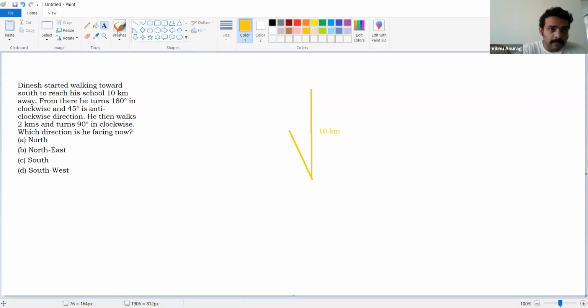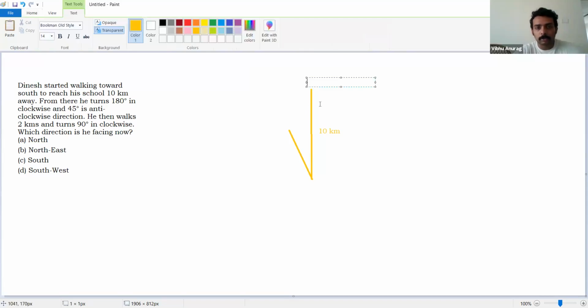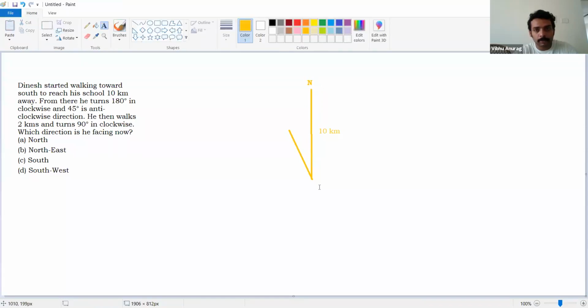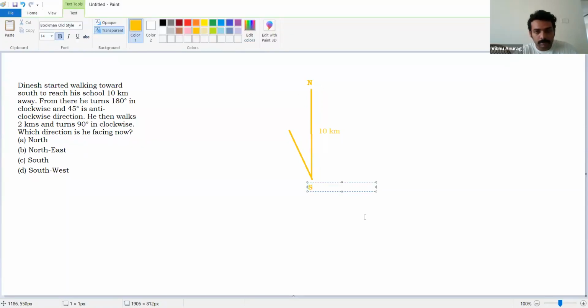And what do we know about the directions? He started walking towards the south. So we have assumed that this is the north, this is the south, this is the west, and this is the east.